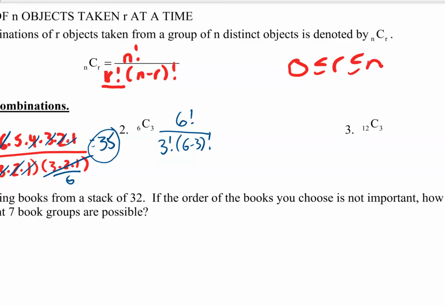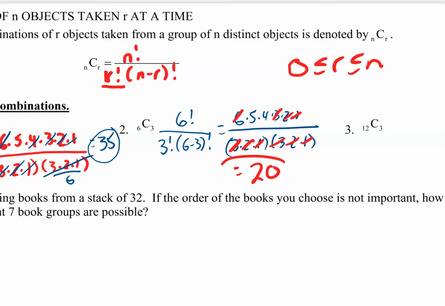So here we have 6 factorial divided by 3 times 2 times 1. 6 minus 3 is also 3, so 3 times 2 times 1. 3 times 2 times 1 I can remove from both the top and the bottom. And 3 times 2 times 1 is 6. So 5 times 4, 20. 20 ways to pick 3 items from a group of 6 where order does not matter.